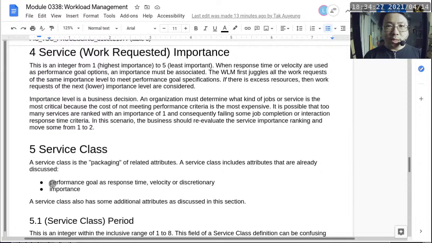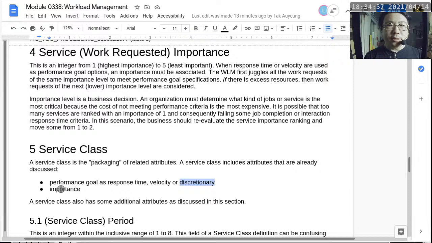A service class specification would specify a performance goal, and we already talked about the three types of performance goal we can specify. We have response time, which can be in percentile and a threshold, or it can be specified as an average. We have velocity, and then we also have discretionary, which basically just says, when there are excess resources, this type of work can be done.